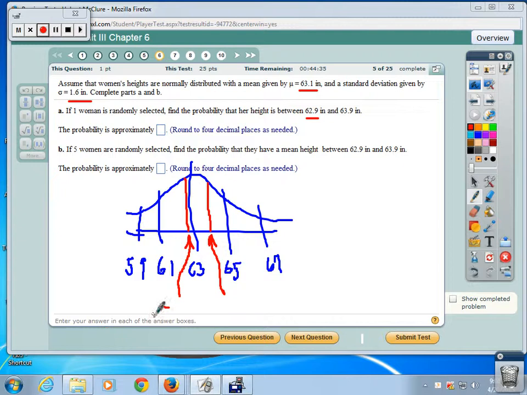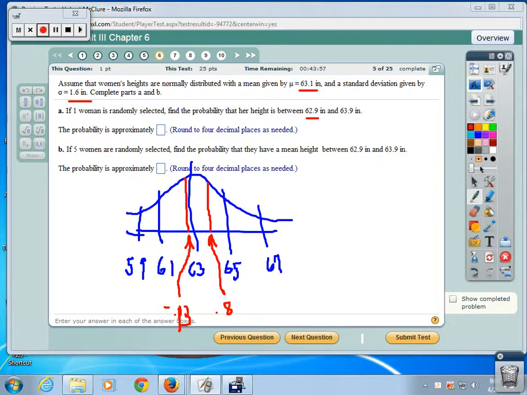Does nobody have a calculator? 0.12? 0.125, that'd be 0.13, wouldn't it? 0.13, and what's the positive? What's 63.9 minus 63.1 divided by 1.6? 0.8 even. And there's your two z-scores.